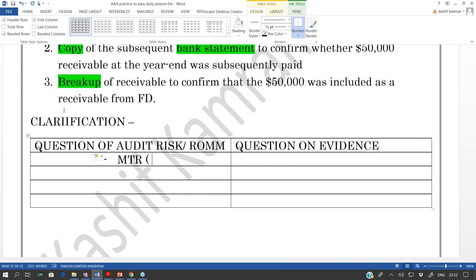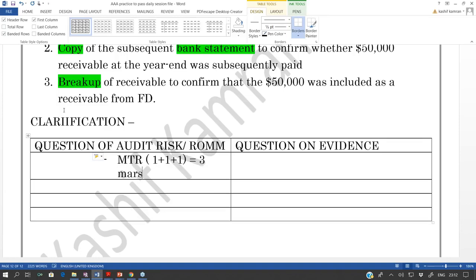But when you do the MTR in a question on audit risk, you will just gain 1 for M, 1 for T, 1 for R. So you will only gain 3 marks. But when you do the same thing in a question on evidence, the examiner has given you generous markings, 1.5, 1.5, 1.5. So the examiner brought it down to 4.5 marks.